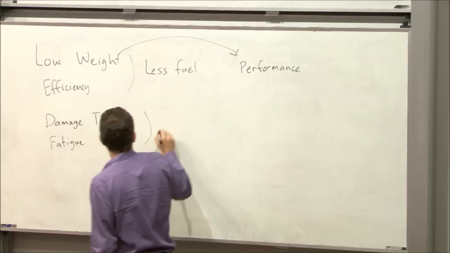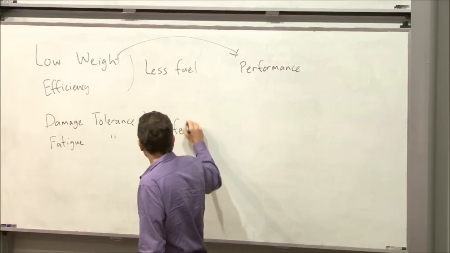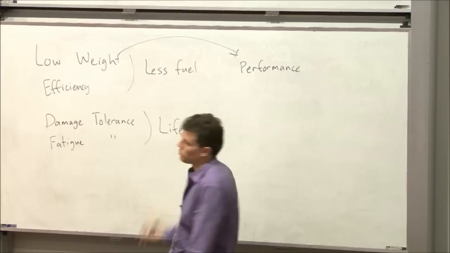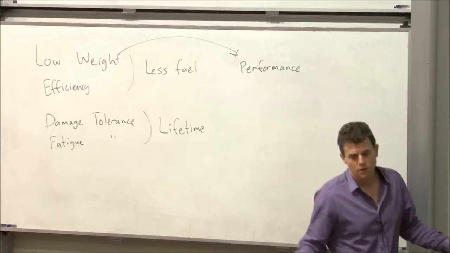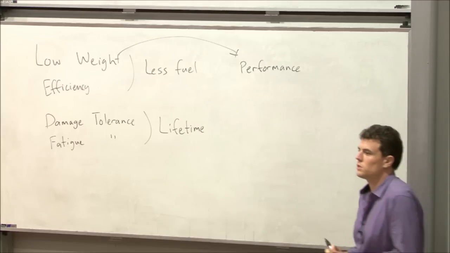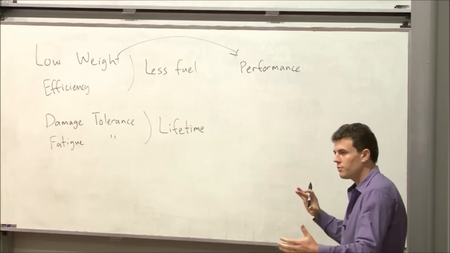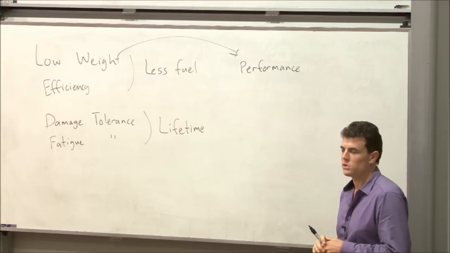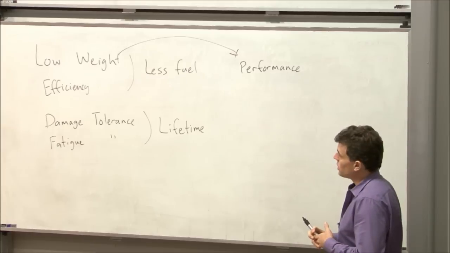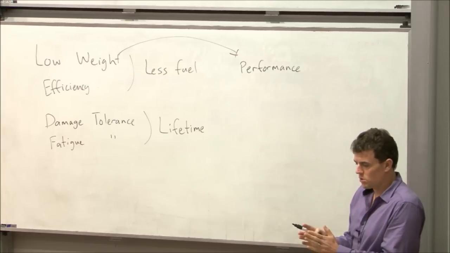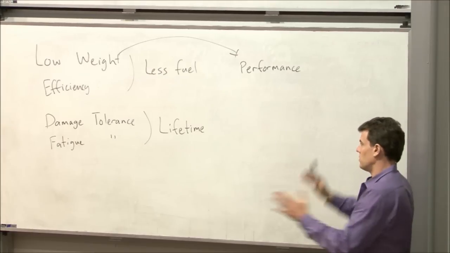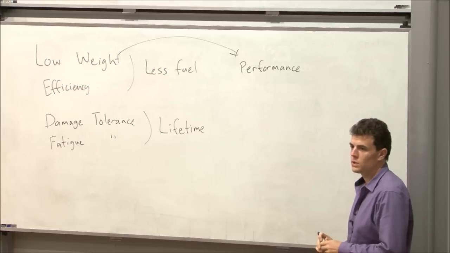Okay, so things that relate to the lifetime of the aircraft are very important. So things that extend the period between inspections, things that increase the life of the aircraft are very important. So not only are we talking about its performance in the short term, but also its performance in the long term. Okay.